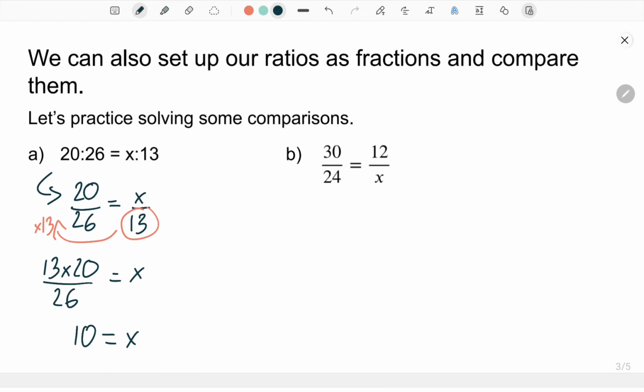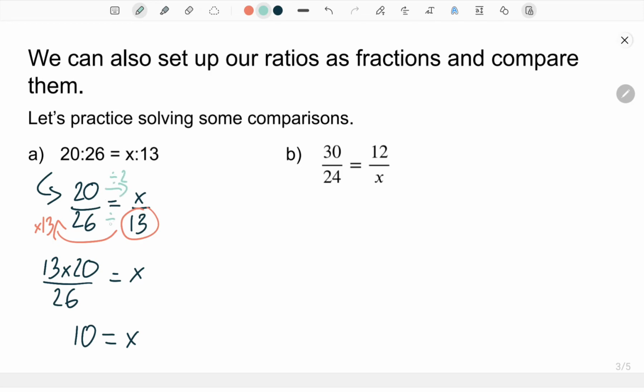So another way, and you might have already seen this, is you could also think of this fraction like, how do we get from the one fraction to the other? So if you're going from 26 to 13, what do you have to do? What do you have to multiply or divide by? Well, you have to divide by 2. Well, if we divide the bottom of the fraction by 2, we could do the same thing on the top.